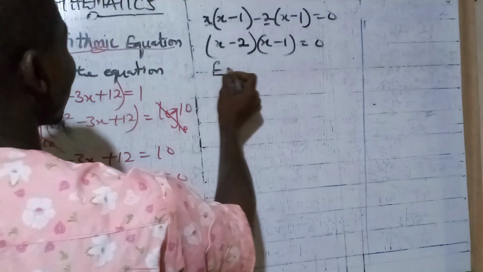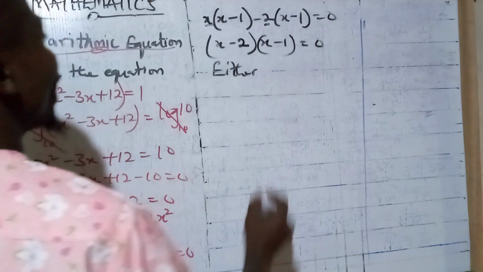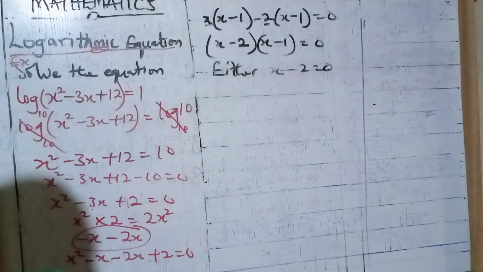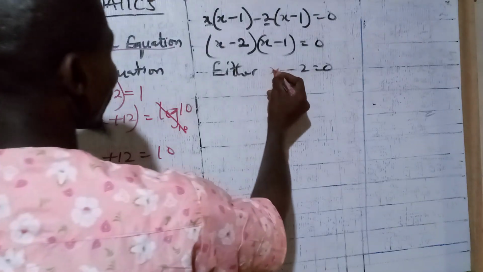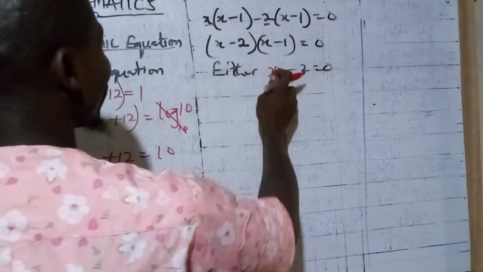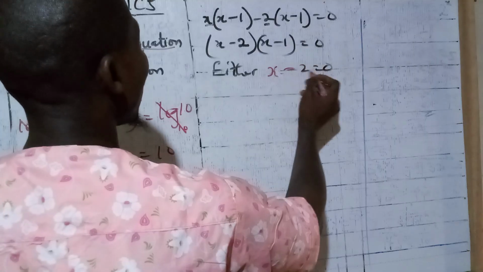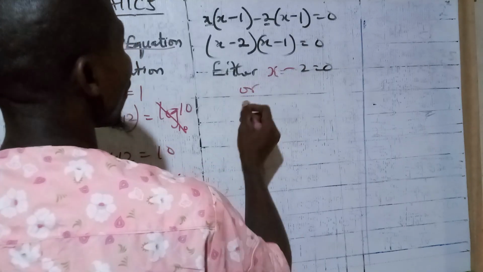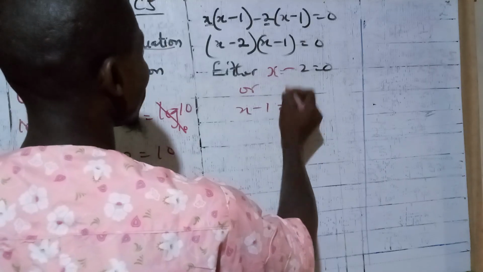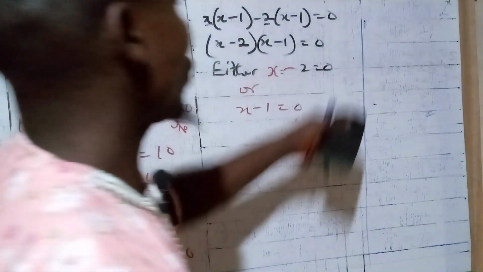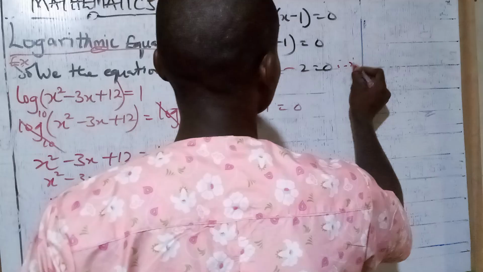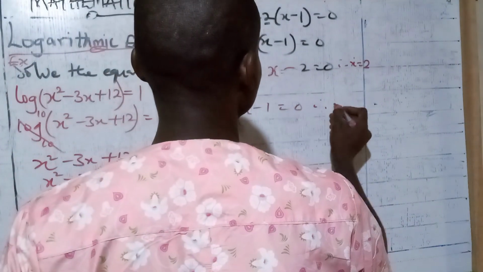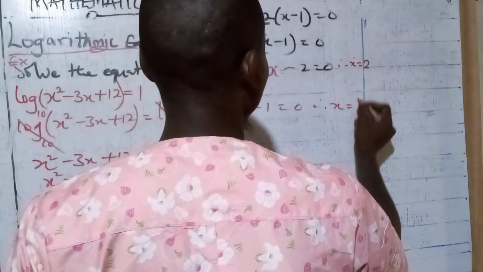So from here we can say that either s minus 2 equals 0, or s minus 1 equals 0. So from s minus 2 equals 0, you can easily say that s equals 2. And from s minus 1 equals 0, you can easily say that s equals 1.